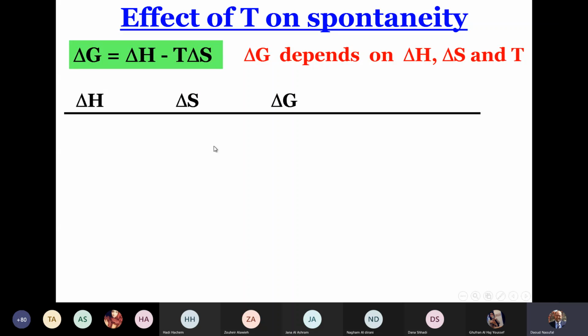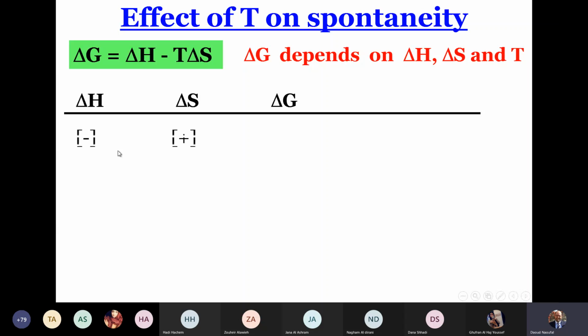I will consider several examples. Suppose I have a reaction with a certain value of delta H and delta S. I calculate delta G. From the sign of delta G, I can know if the transformation in question is spontaneous or not.